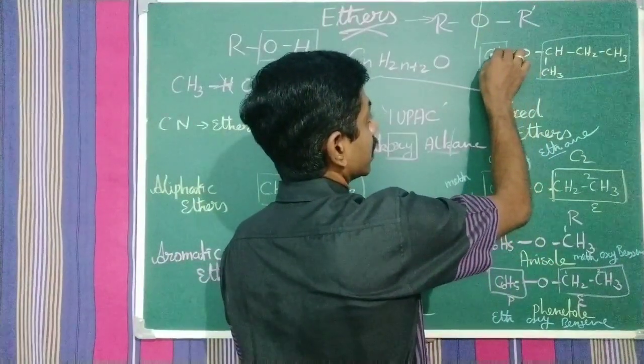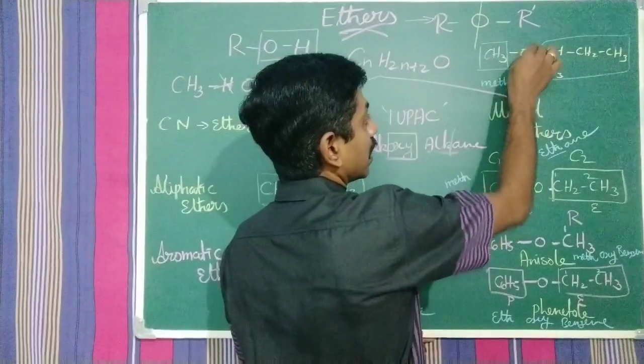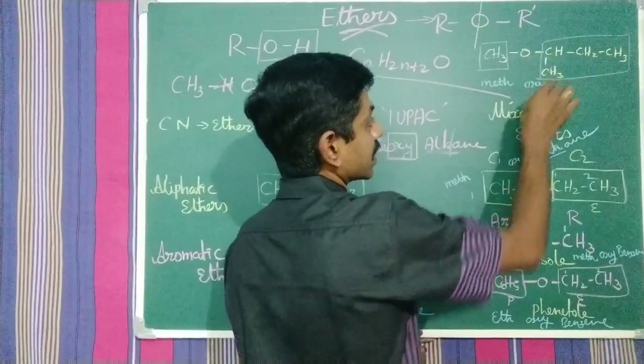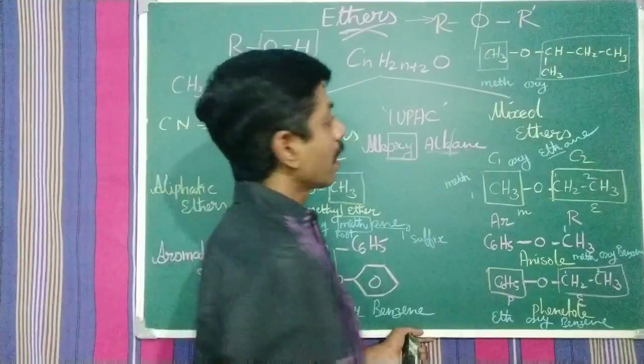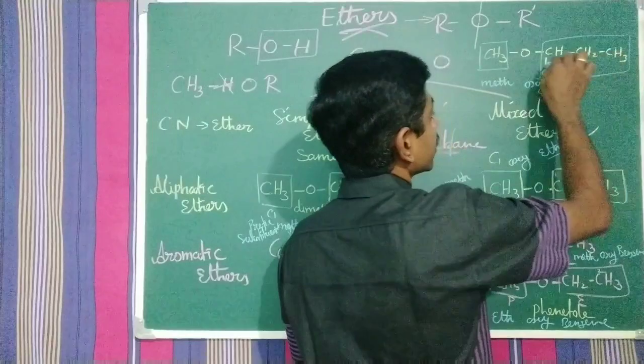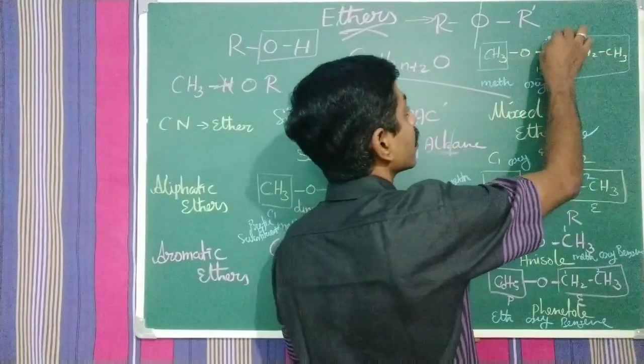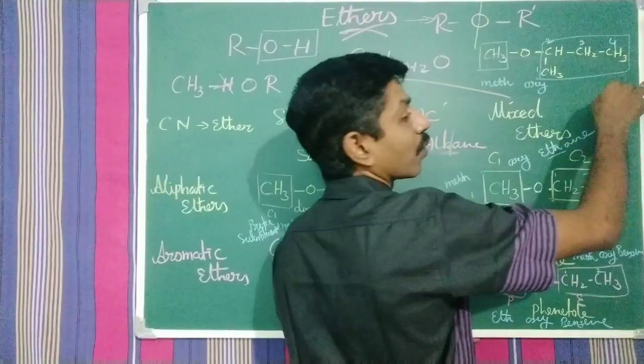As usual, for the one carbon atom we start the name with meth, and in between the functional group is oxy. Methoxy is over, and the longest possible chain here I can number from this side, so that the functional group will get the least number: 1, 2, 3, 4.